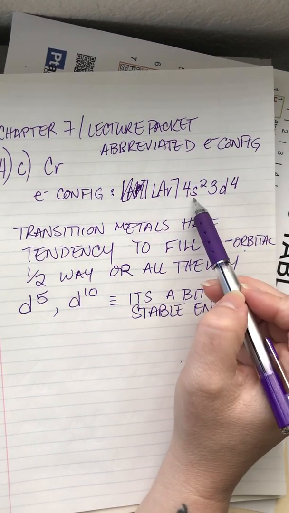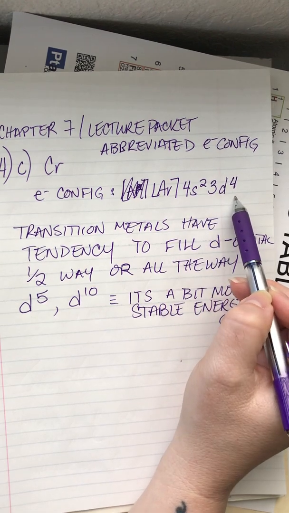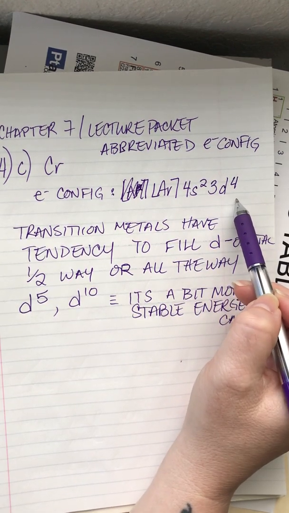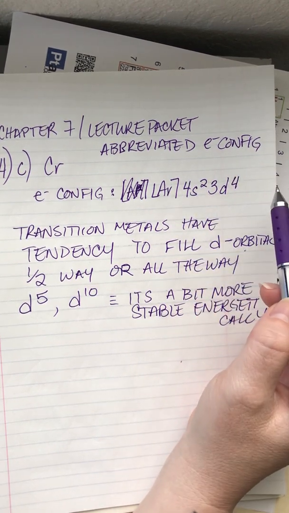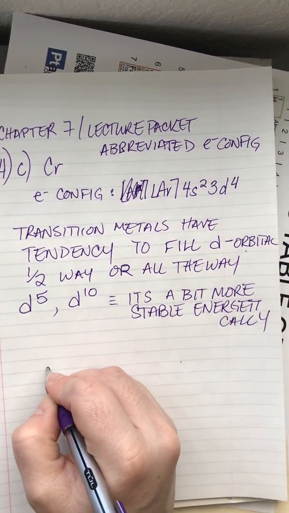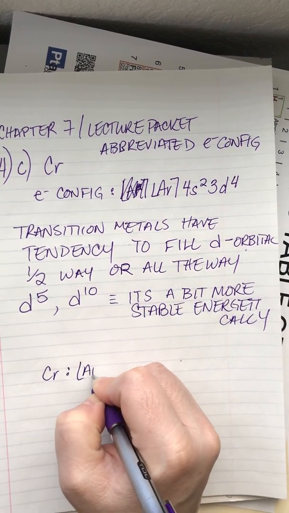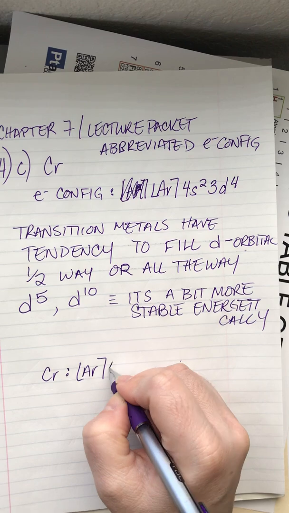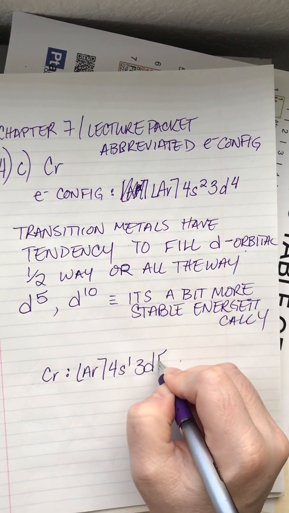So even though you have to add energy to get one of the electrons to go from the 4s to the 3d, you gain a net of lowering the energy of the overall atom. So what we actually have for chromium is argon 4s1, 3d5.